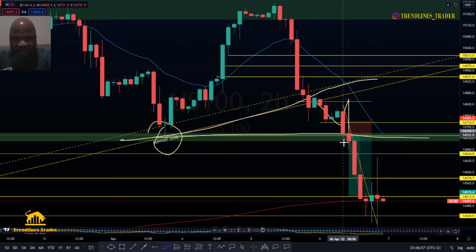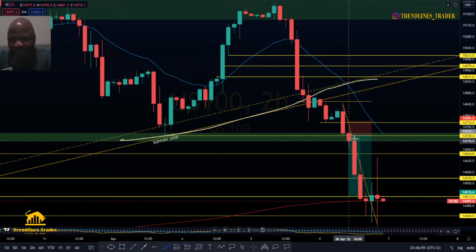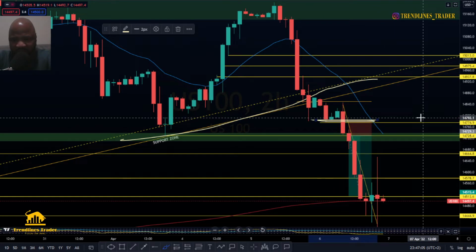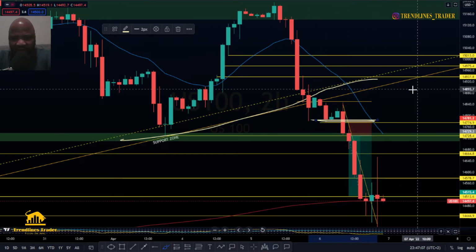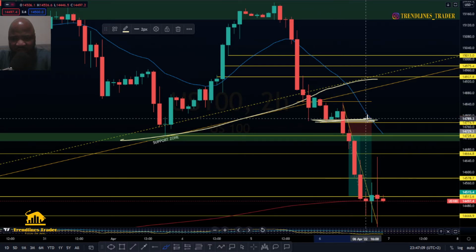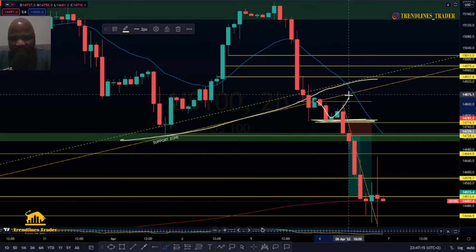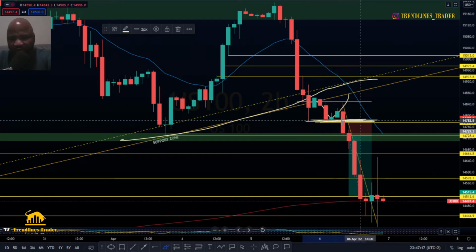I placed my sell and I managed to place my stop loss just around here. If you can see, the reason why I placed my stop loss around here is that I was like, the price will retest, giving me what you call the support.